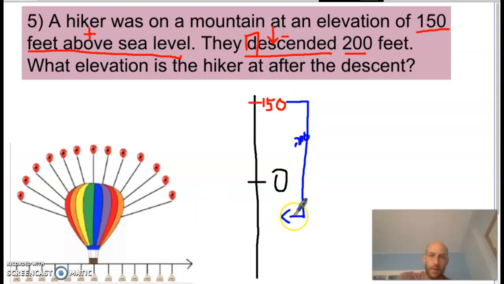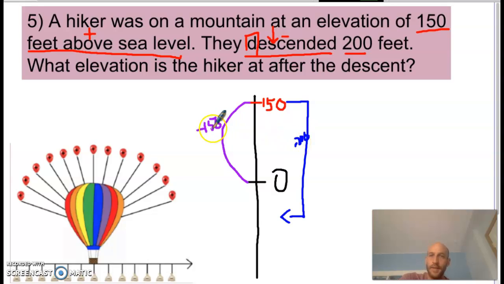So we need to figure out where do we end up if we go down 200. I know that if I go down 150, I end up at 0, because 150 is 150 away from 0.